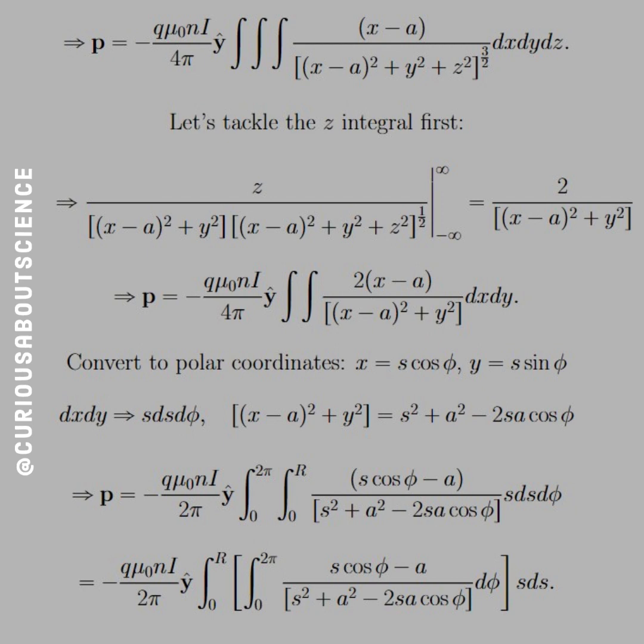From here, it's best to convert to polar, so x equals s cosine phi, y equals s sine phi, dx dy goes to s ds d phi, and then we just get s squared plus A squared minus 2sA cosine phi. We plug that in and simplify it through, and we change the order since the bounds aren't limited, and we chug on through.